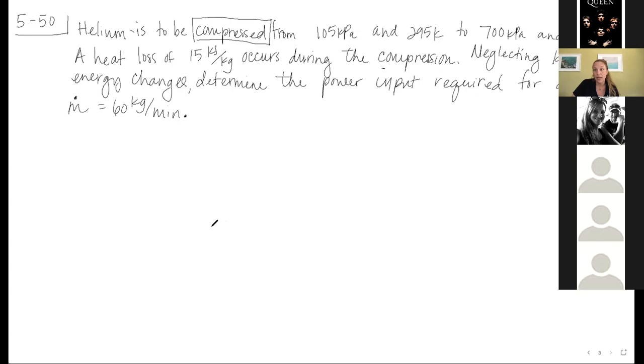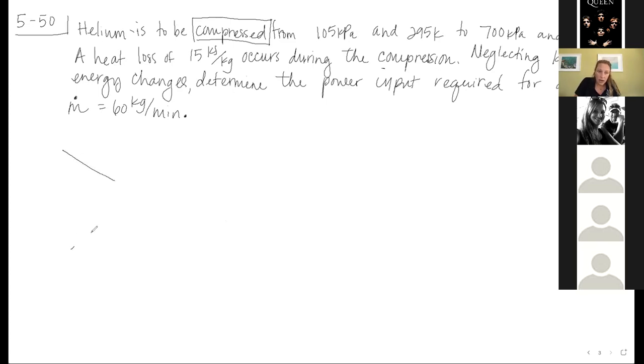Helium is in a turbine, a heat exchanger, a diffuser, or being compressed. These are telling you about the device that it's using. As soon as you see diffuser, compressor, turbine, pipe and duct flow, throttle, these are all steady flow devices. So helium is to be compressed tells us that we are working with a compressor.